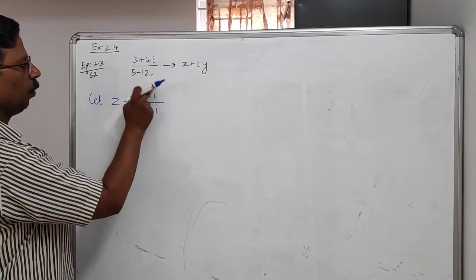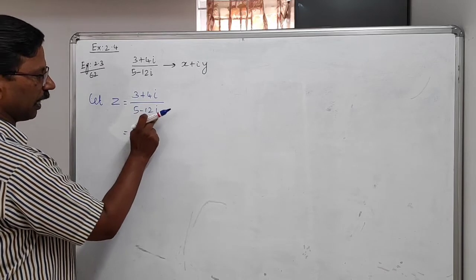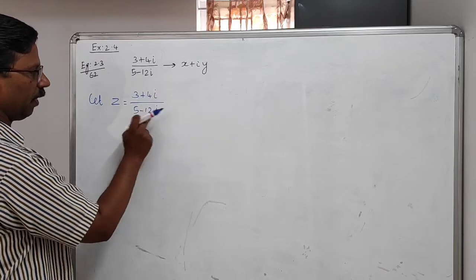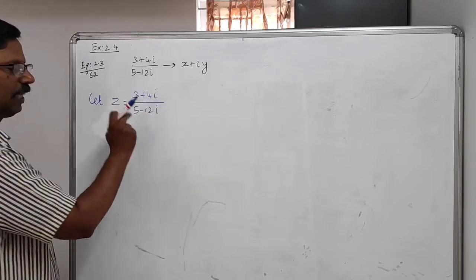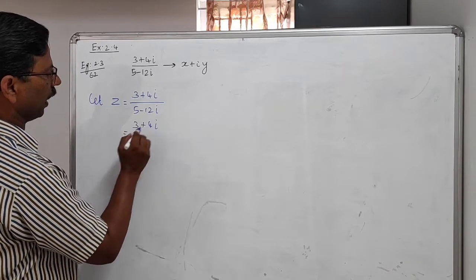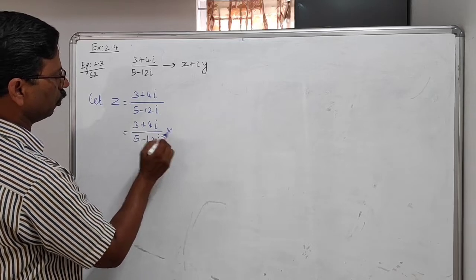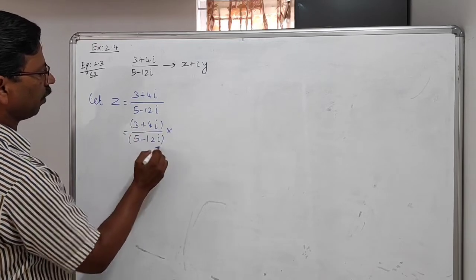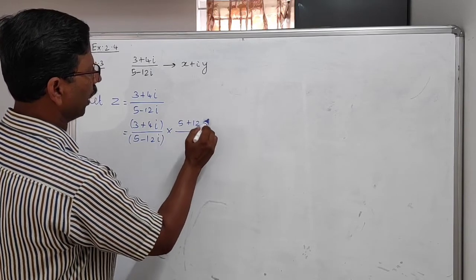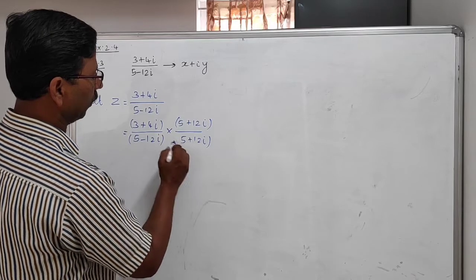But here, in the numerator also we have some complex number. Therefore, we want to remove this i in the denominator, which means you must multiply and divide by the conjugate of the denominator. Therefore, you can write (3 plus 4i) by (5 minus 12i) into the conjugate of the denominator, (5 plus 12i) by again (5 plus 12i).